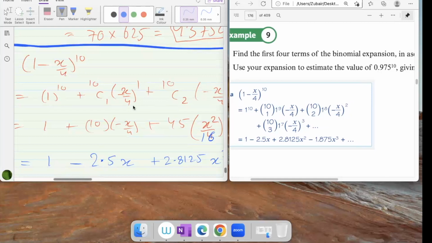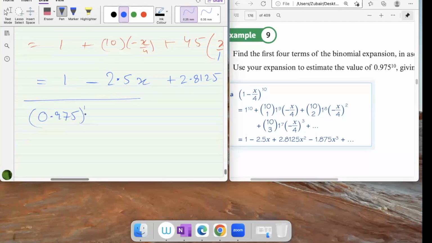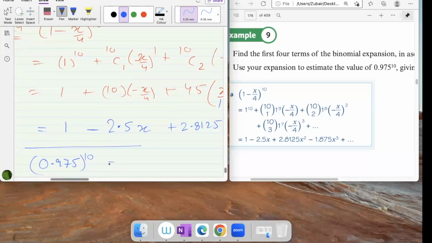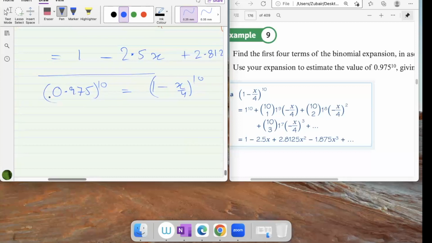So 0.975, if you write it here, this is 0.975 power 10. So I have to do something so I can relate it with my first part, that is 1 minus x by 4 raised to the power 10. So whatever it is, I'm just checking 1 minus 0.975.